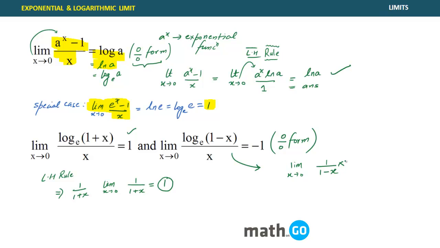But since there is minus x, what is the derivative of 1 minus x? Yes, minus 1. And the denominator is 1. So if you substitute the value of x equal to 0 here, you will get minus 1 as the answer. Remember this. Let's see questions based on formulas related to these two particular formulas, and you have to learn these formulas by heart. If you can remember them, that will be great.